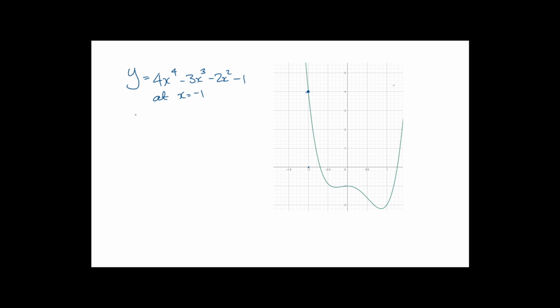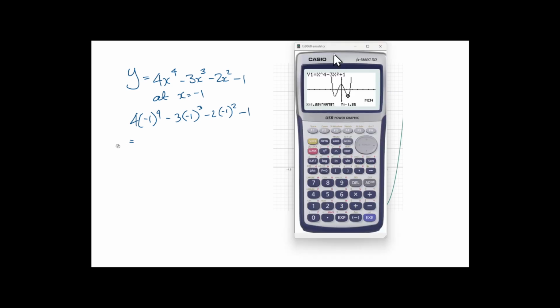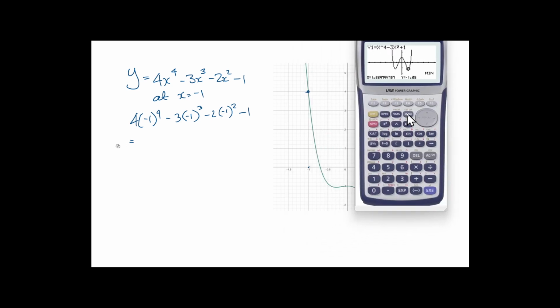Let's actually prove it: 4(-1) to the power 4 minus 3(-1) cubed minus 2(-1) squared minus 1. What does that equal? I'm pretty sure it's 4 looking at it, but let's make sure.